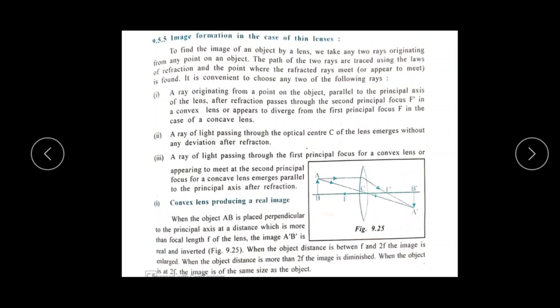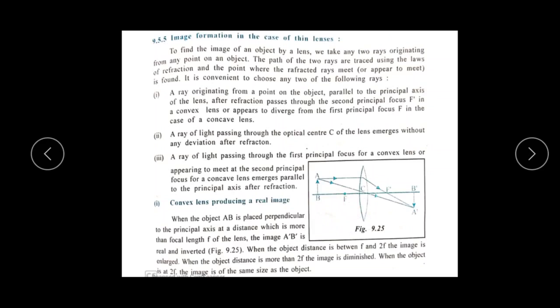Then when the object is present within the distance F to 2F, in such a condition the image is an enlarged image, we will get a big image. The object distance is nothing but the distance from the object to the optical center.